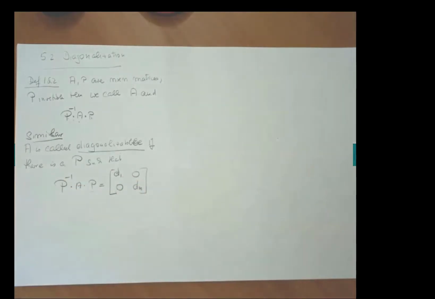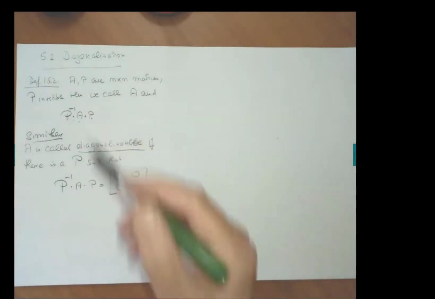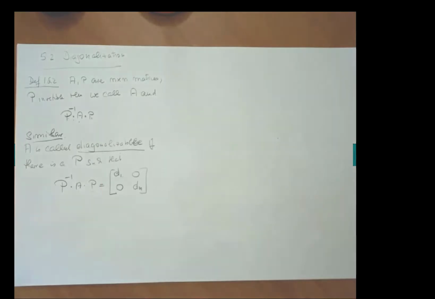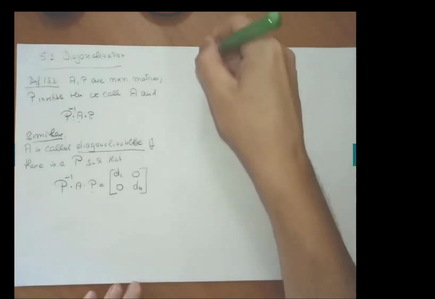If you have never seen this, you may wonder why in the world it would be called similar. It turns out it's actually even better than similar. It's actually the same, just in a different coordinate system.